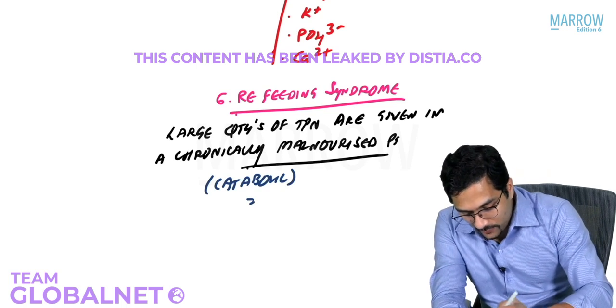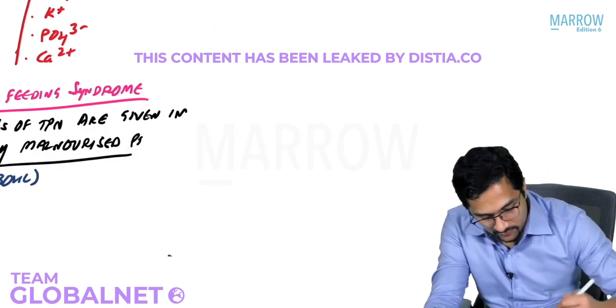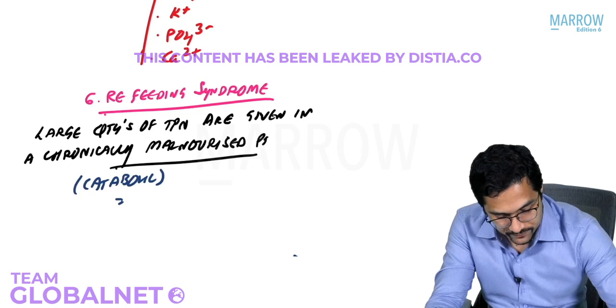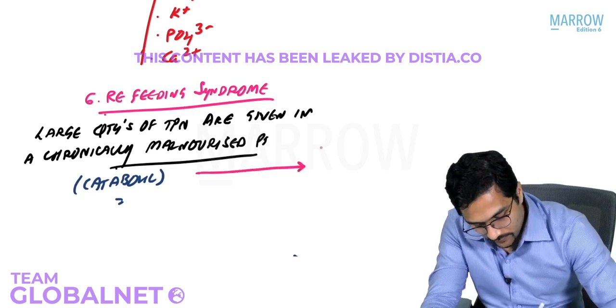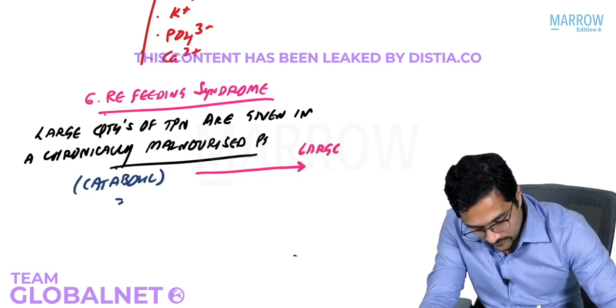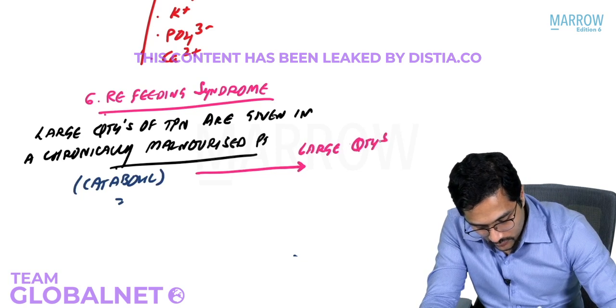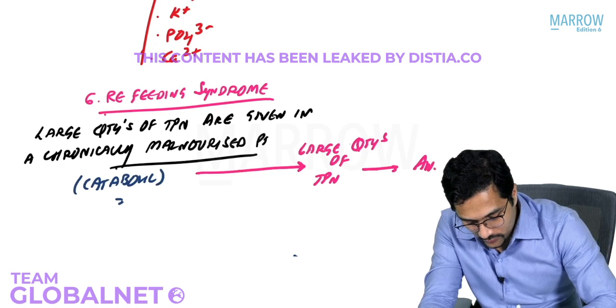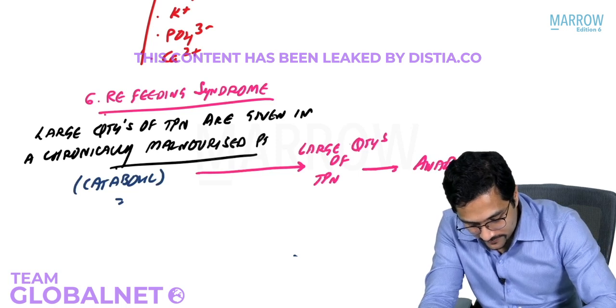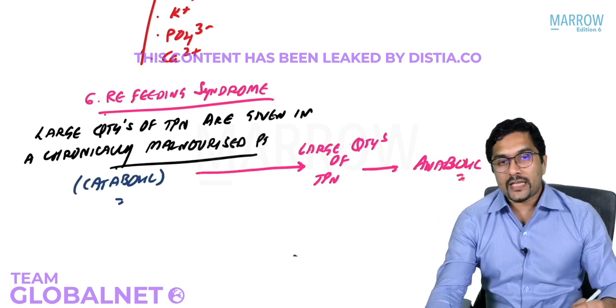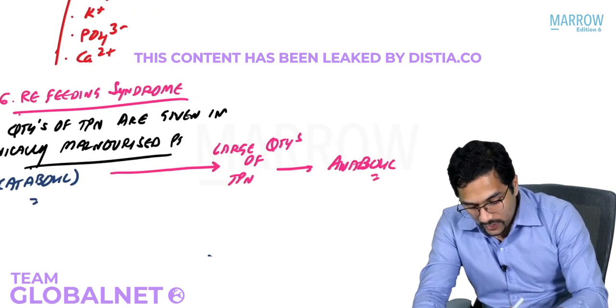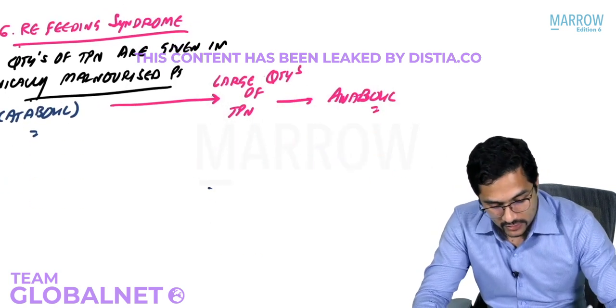Now, in such a catabolic state, if you suddenly give large quantities of nutrition, if large quantities of TPN are given, then the body is going to shift to the anabolic state. And in the anabolic state, you need to build structures, right?